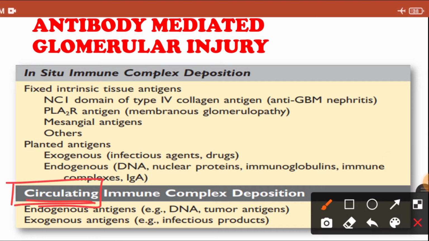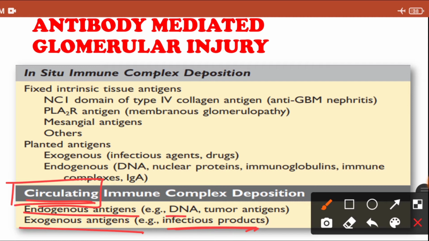So in the blood, substances that act as antigens are exogenous or endogenous antigens. Examples of exogenous antigens are infectious products, certain infections like hepatitis, streptococcus, HIV, etc. Endogenous antigen means the antigen is present within the body, not outside. Exogenous means outside the body, which will enter into the body, but endogenous means certain substances within the body act as antigen.